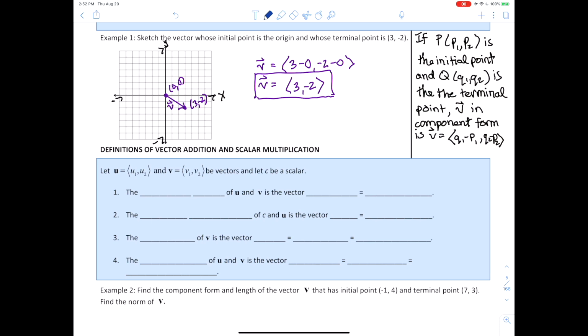So it turns out that the vector sum, so if you're adding vectors, of u and v is the vector u plus v, which in component form is (u1 plus v1, u2 plus v2). Good so far? Awesome.